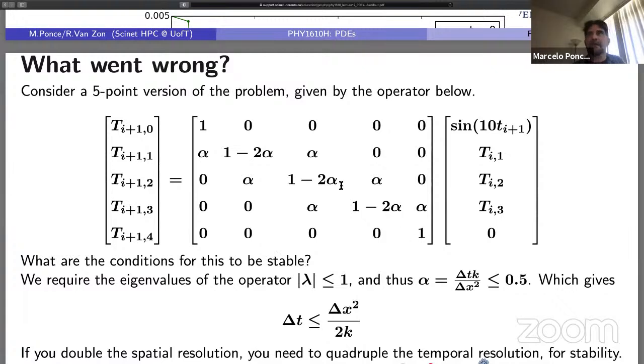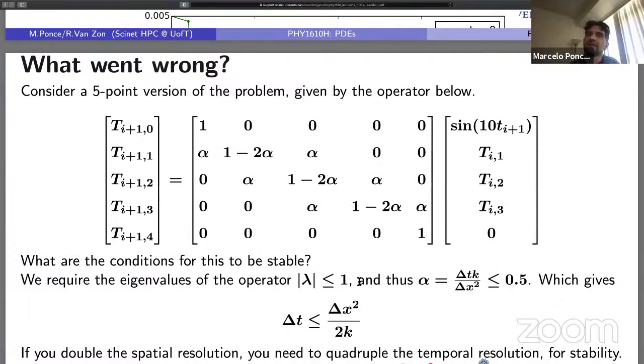One of the criteria that we have for stability is the same criterion that we discussed last time: the largest eigenvalue of the system has to be, in absolute value, smaller than or equal to 1, which ends up imposing a constraint on the parameter alpha that we have here in the function. Basically, alpha has to be smaller than or equal to 0.5.